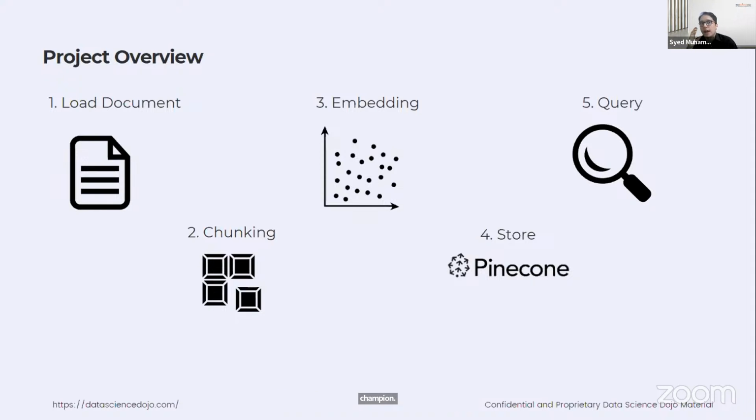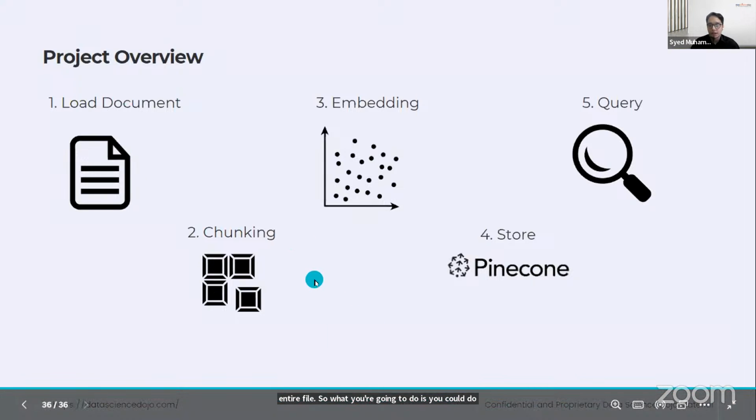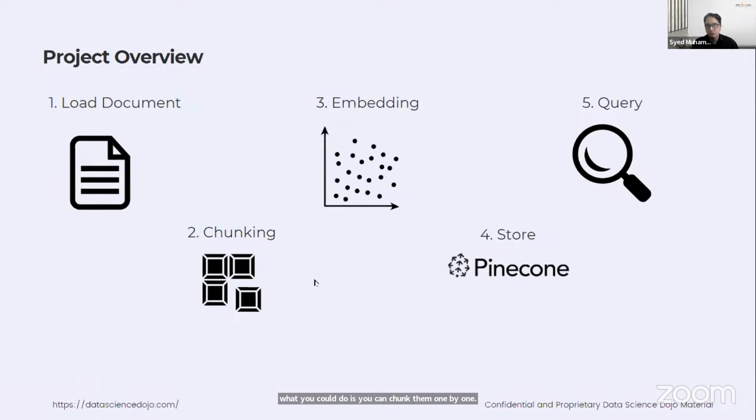But a very simple explanation for chunking is, let's say you have a 200-page document, and the embedding model cannot create the embedding for the entire file. What you could do is chunk it page by page, and each page will have its own embedding, and you can just reference those embeddings.